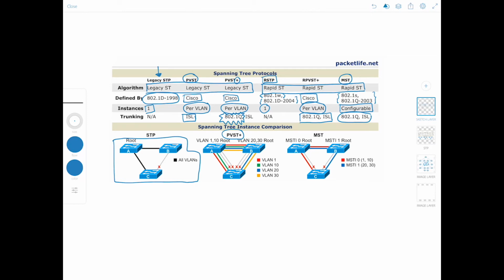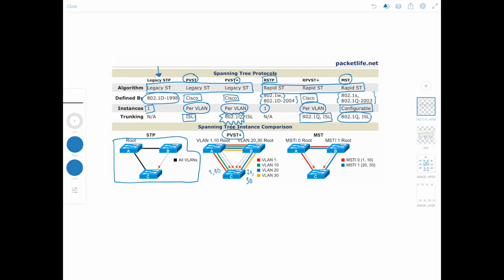So for example, here between switches A and B, all links are forwarding for all VLANs, but there's a separation from switch C. So only VLANs 1 and 10 are forwarding between these two switches, and then VLANs 20 and 30 on these links between switch C and switch B. That's how you can do balancing between the VLANs, by the way, using per-VLAN spanning tree protocol.